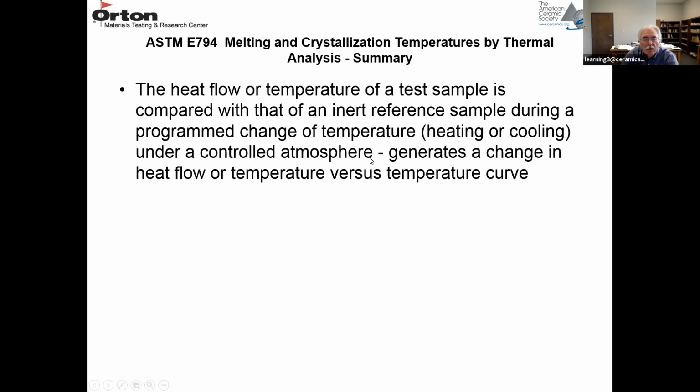You can do it under an inert atmosphere or an oxidizing atmosphere. And you generate a curve versus your heating rate, whatever heating rate you choose to run. So you get your endothermic or exothermic changes as a function of your heating temperature.